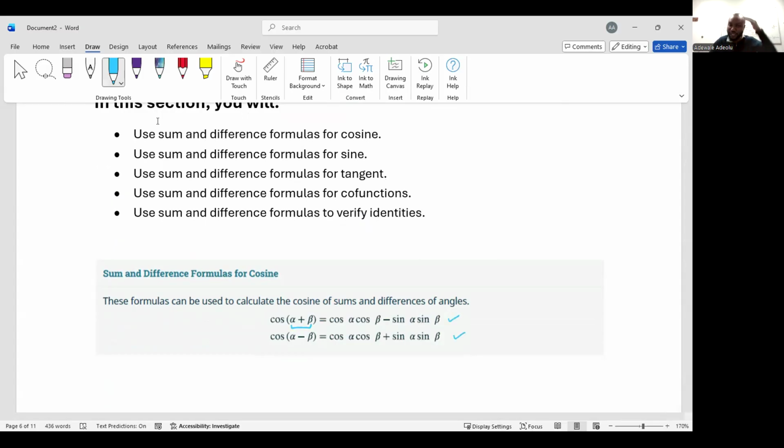I will give you the formula without proving it. I don't want you to get bored, but there is a way we get to this. So you can check the textbook, our textbook, if you're interested in learning about the proof, or you can come to office hours and we talk about it.